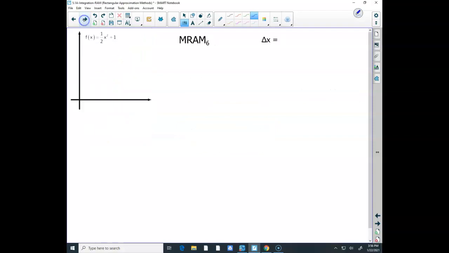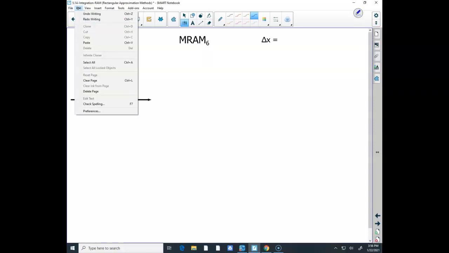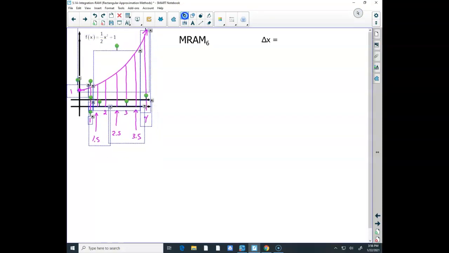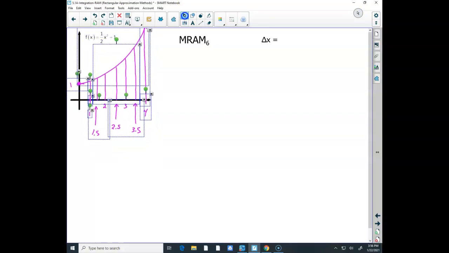And what I would like you to actually do now is hit pause and give this next one for the mid-RAM a try on your own. And I'm going to paste mine in there, I'm going to try to lay it right on top of the other graph.